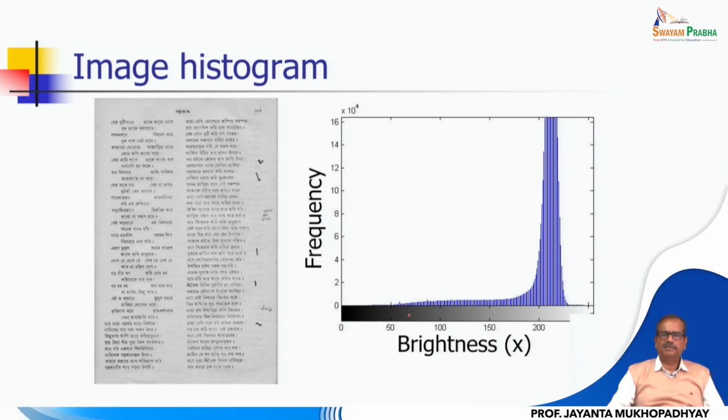So, this is a distribution. Looking at this distribution, the histogram at the right side shows the frequency variation. You can see there are more white pixels than dark pixels because of the range. The histogram gives you the first-order statistics of the image.